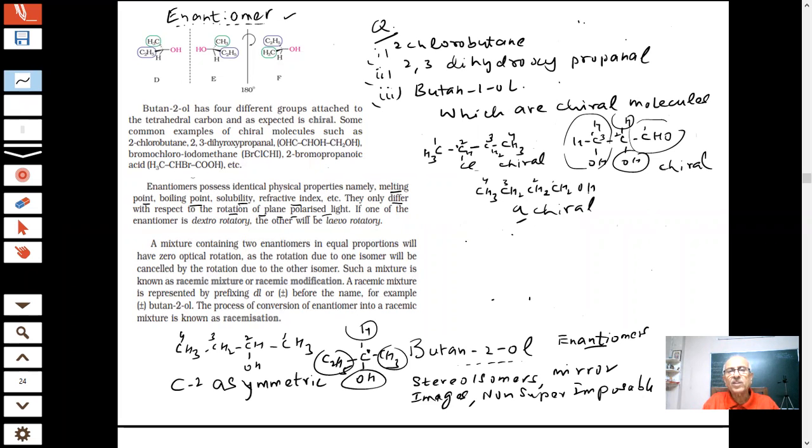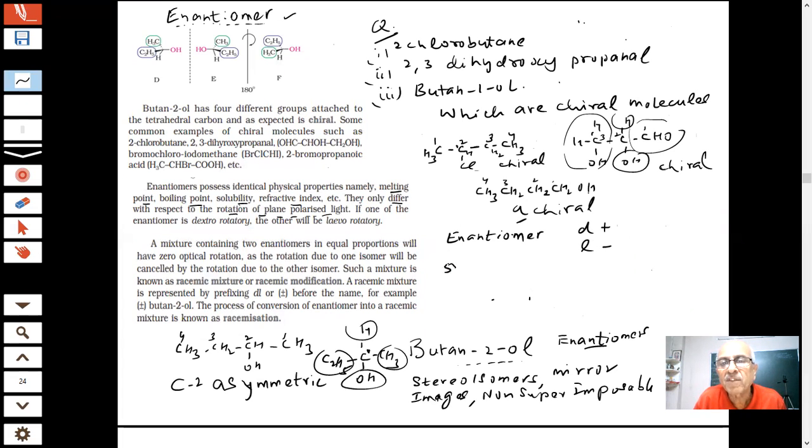Okay. Now we said there are enantiomers, and one is D, the other is L, dextro or laevo. If it rotates the plane clockwise, we say plus. If it rotates anti-clockwise, we say minus. So there is a plus and there is a minus. How do you measure? By polarimeter.